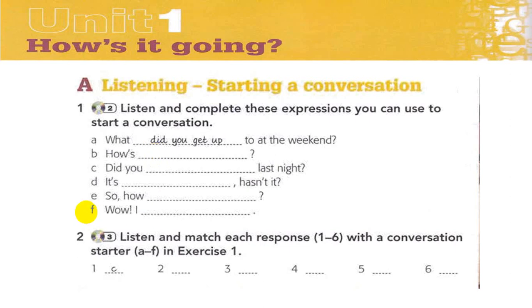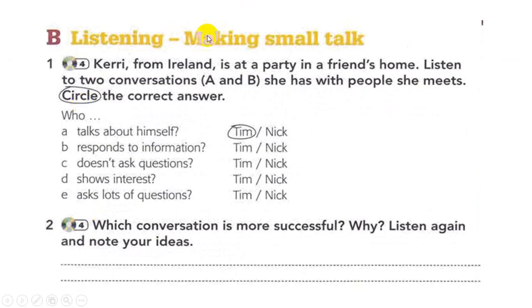So now let's listen to part B, listening: making small talk. How can we make small talk? We are meeting somebody and we are trying to communicate with that person, especially if he's American or a foreigner in general. So let's make small talk. How could we do that?